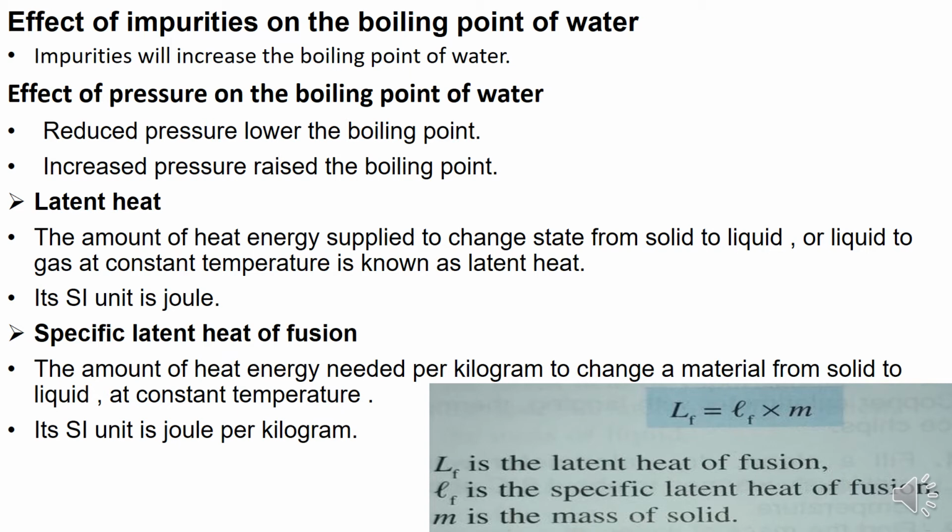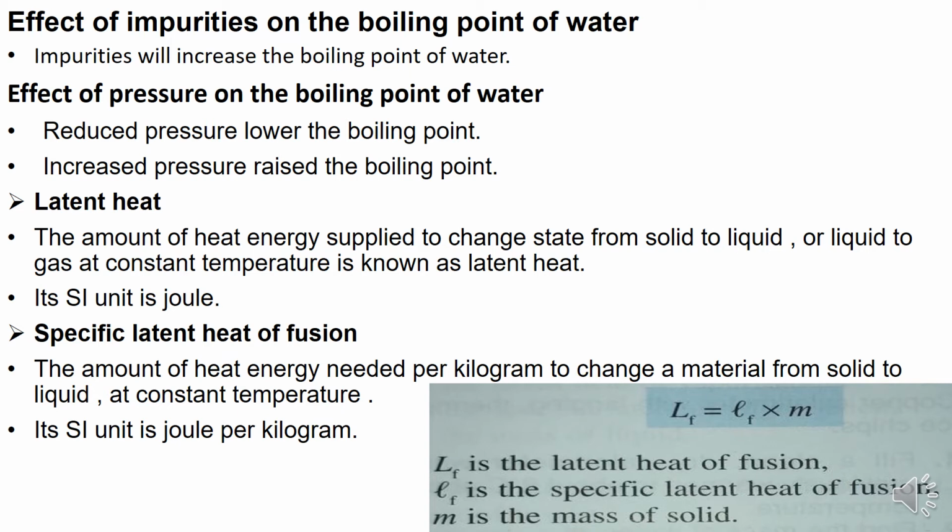Cooking times can be reduced by using a pressure cooker, whereas cooking an egg in boiling water on a high mountain top takes a very long time. Why is it like this? On a mountain top, the air is less dense, and so the pressure is lower. That means less pressure compared to sea level. So water boils at a lower temperature. So that's what happens.